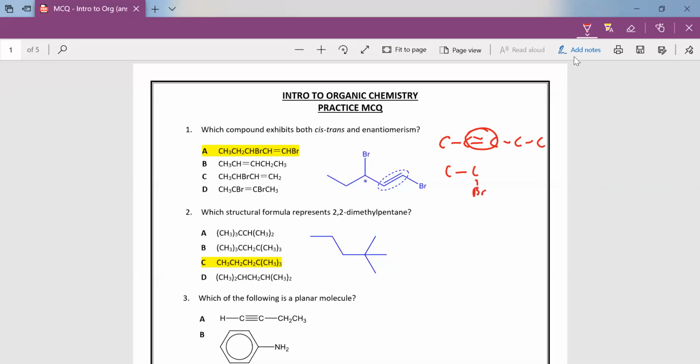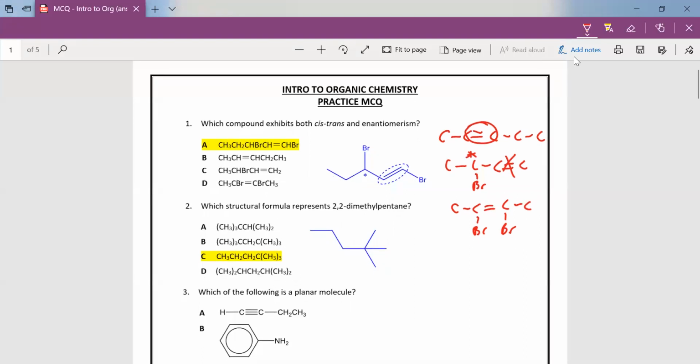Although it has a chiral carbon, it does not have cis-trans. And D will look like this. So it doesn't have both. D is super wrong.